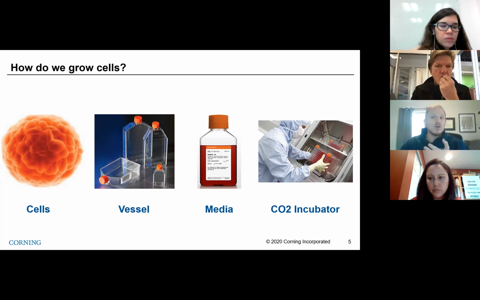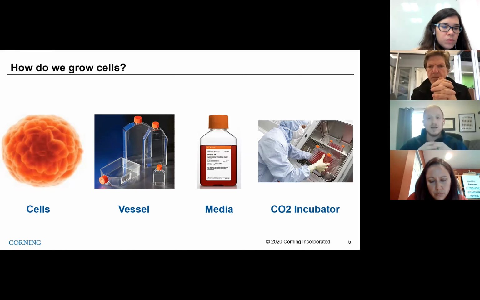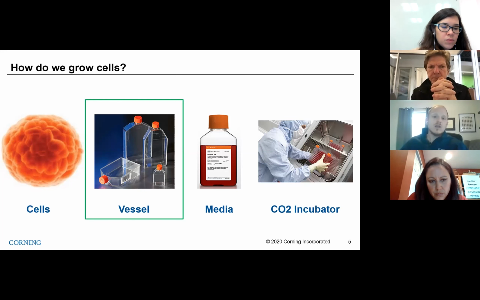You need to have a cell culture media, which, if you think about cells in your body, they're surrounded by liquid, by blood, by lymph fluids, and this media functions like that. It provides the nutrients, the vitamins, proteins, and then a CO2 incubator is commonly used to maintain temperature as well as pH. The CO2 is actually primarily utilized to maintain the pH of your cell culture.